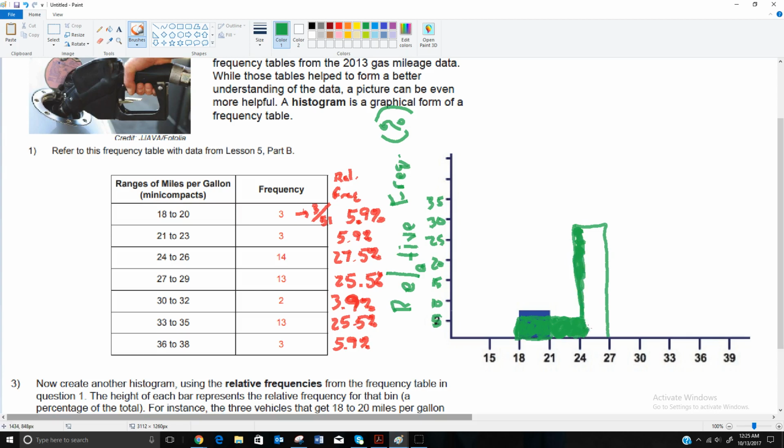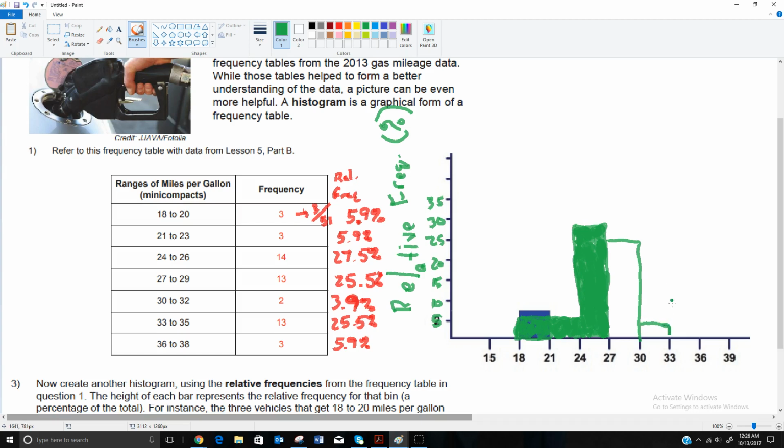And then our next one will be at only 25.5. Okay, so I'm trying to keep you from having to watch me do all this coloring here. The next one's at 25.5, so it'll be a little bit less than that. And then our next one would be at 3.9, which is lower than our first two were.